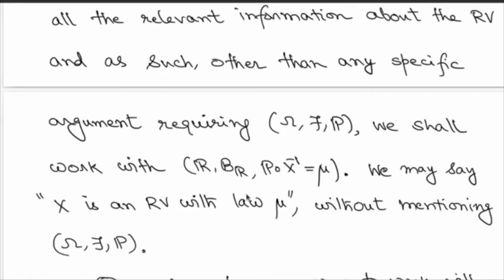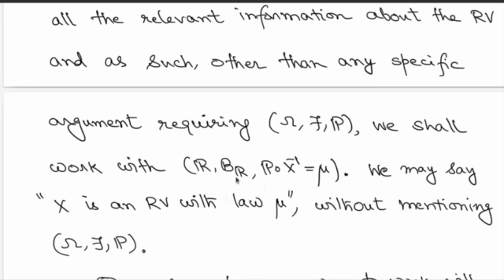So if you are dealing with a random vector, look at R^d, the Borel sigma field of R^d, and the probability measure, that law. And if needed, you can construct appropriate random vectors with that specified law, right? So what you really want to do is to focus more on the range side rather than the domain side. Okay. So what we shall do is that we will mostly work on the range side.